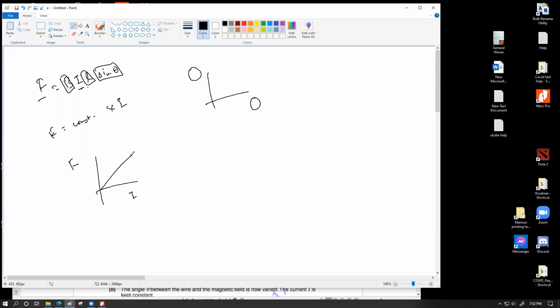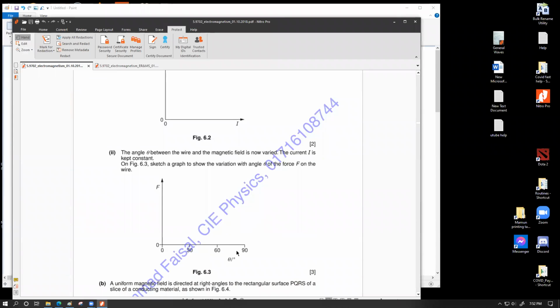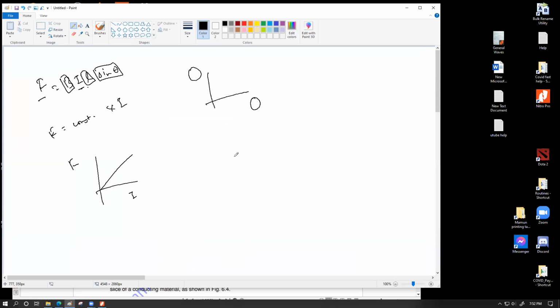Logic বুঝে গেছে? আচ্ছা, সেকেন্ড গ্রাফটা আমাদেরকে দিছে. The second graph is given for force versus angle theta up to 90 degrees. So let's have a look over here. If you are trying to plot F versus theta, the maximum value is 90.